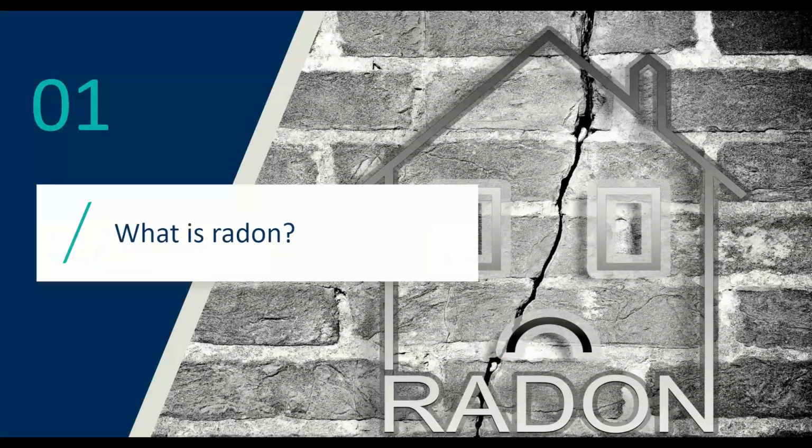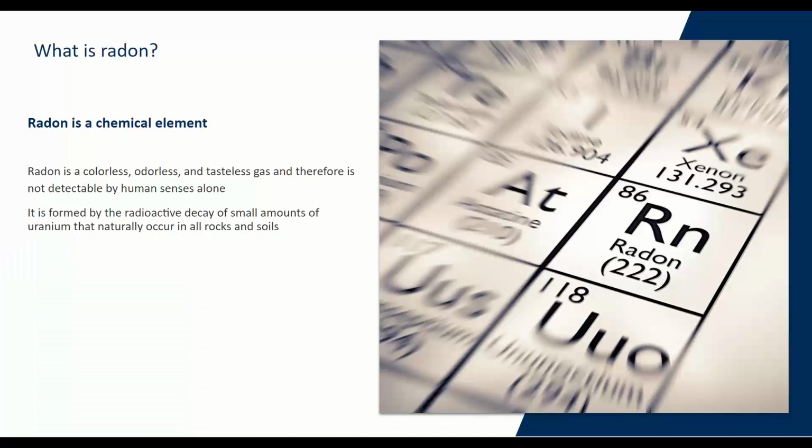So let's get going. What is radon? It is a colorless, odorless, tasteless gas. You can't see it, you can't smell it, you can't taste it. This is why you need special equipment to detect it. It comes from the rocks and soil found everywhere in the country. The radon level in the air that we breathe outside is very, very low, but it can be much higher inside buildings. Now, the natural breakdown of uranium in soil, rock, and water gets into the air that we breathe.